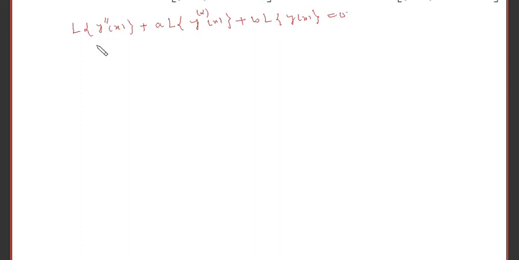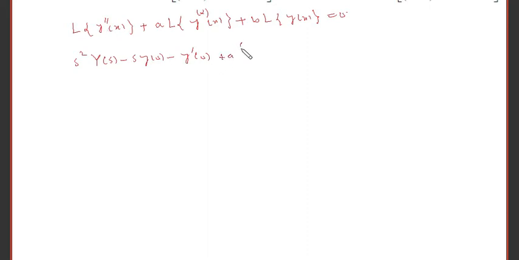The Laplace transform of this ordinary derivative is just s square times the Laplace transform of small y of x, which we can call just capital Y of s, and then minus s times y of 0, and then minus y prime of 0. These three terms are the Laplace transform of y double prime.